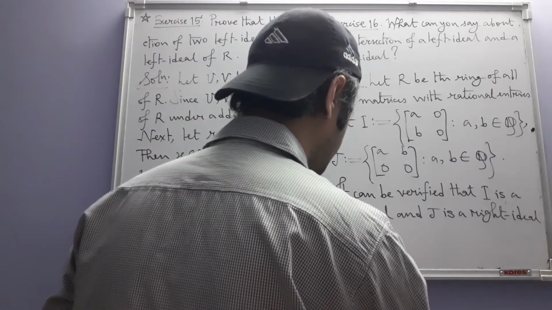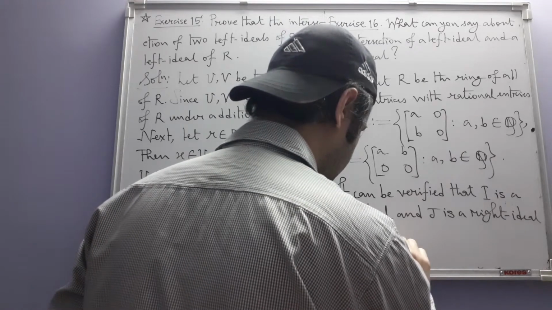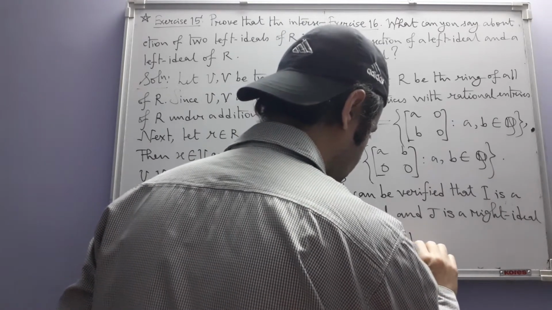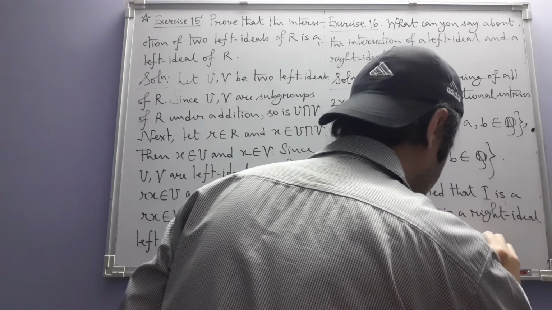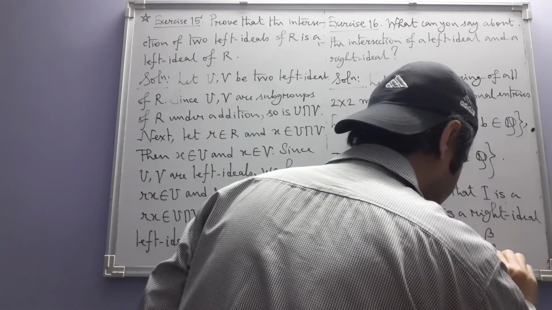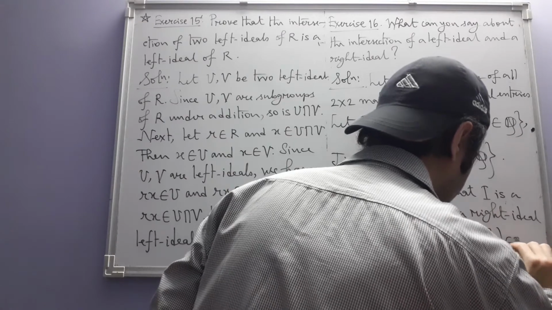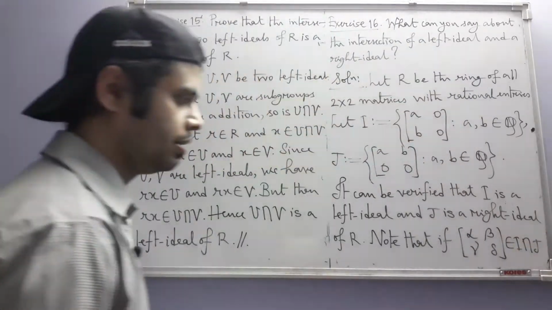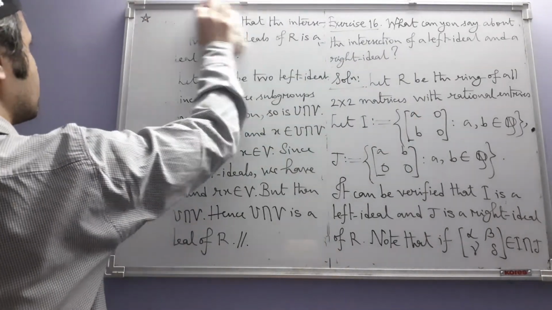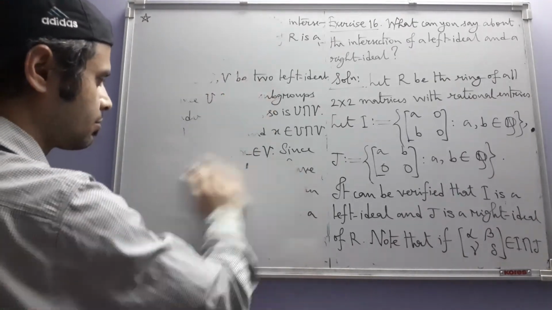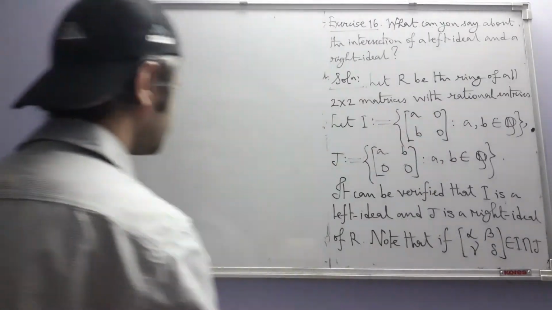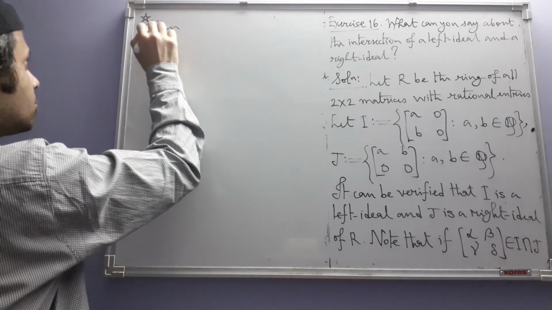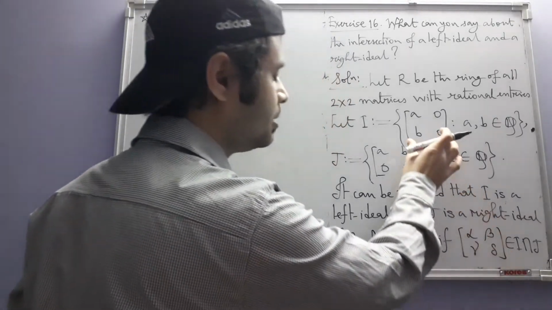Now what happens to their intersection? Let us see. Note that if we take a matrix, say alpha, beta, gamma, delta, belonging to I intersection J, it belongs to both I and J, then this matrix has to be like this.